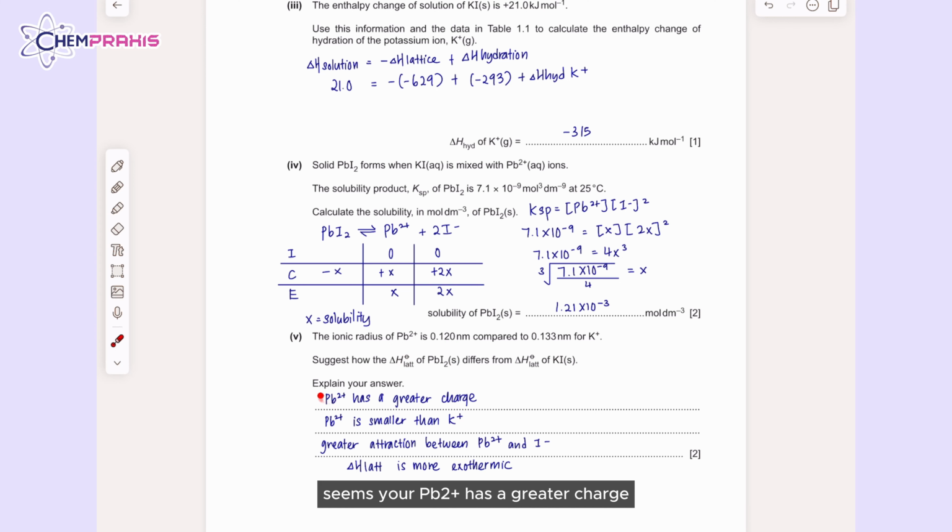Since Pb2+ has a greater charge and it is also smaller than the potassium ion, we will say that Pb2+ has higher charge density. So there is a greater attraction between Pb2+ and I minus. So the lattice energy will be more exothermic.